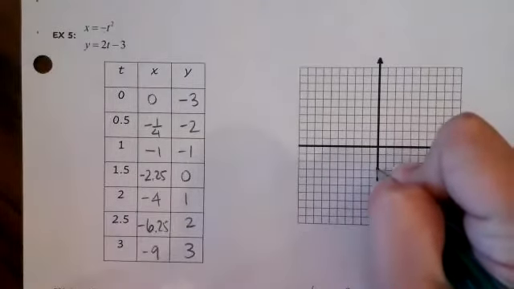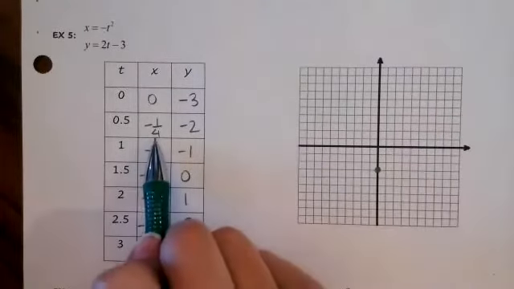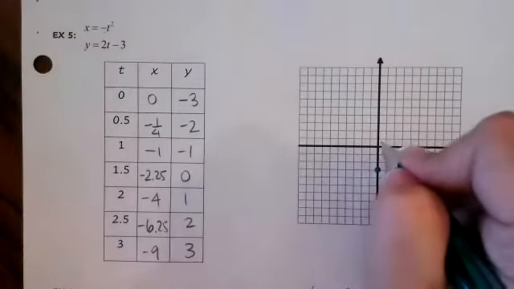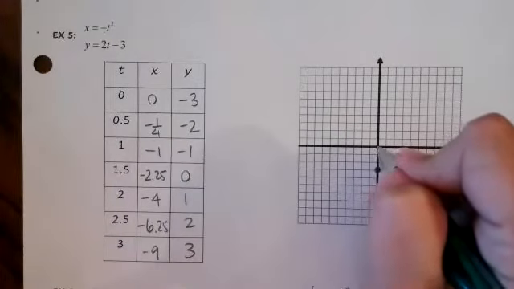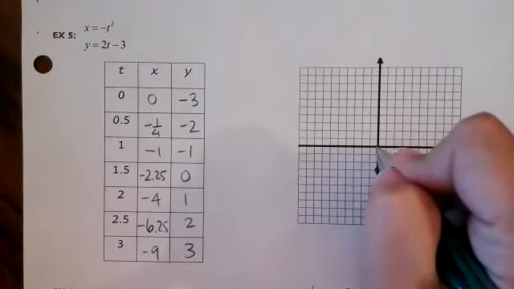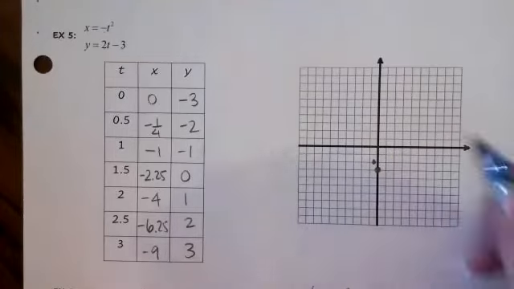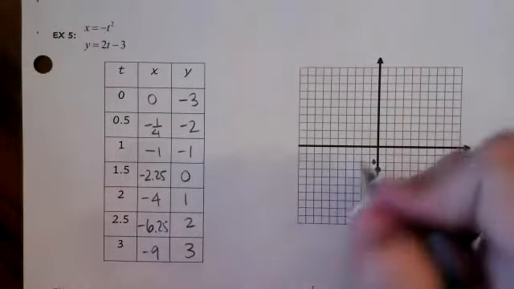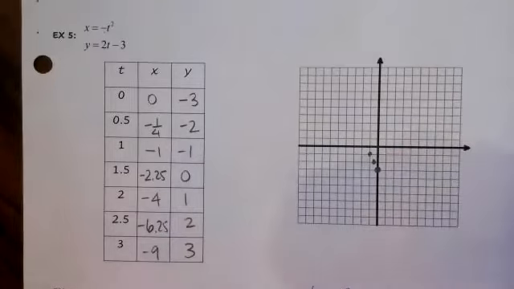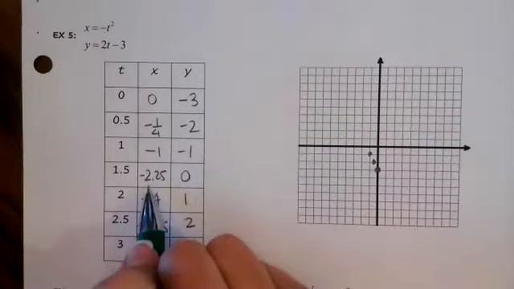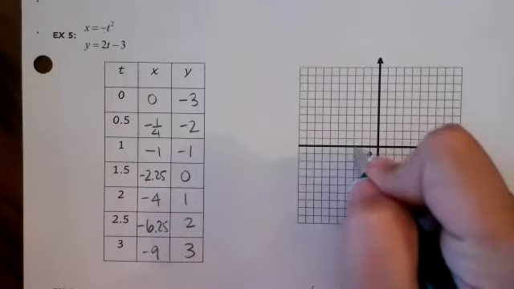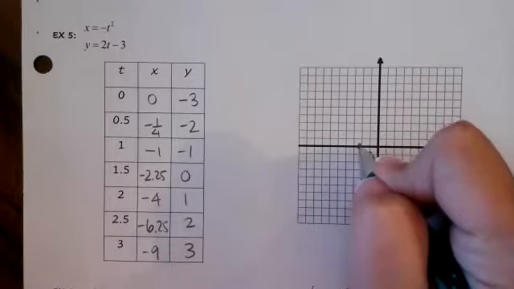So 0, -3 is right here. This value of -1/4 is between 0 and -1, so anywhere that you go between that 0 and -1 is going to be okay. And then we go to -1, -1. -2.25 would fall between -2 and -3, so I would go anywhere in between there.